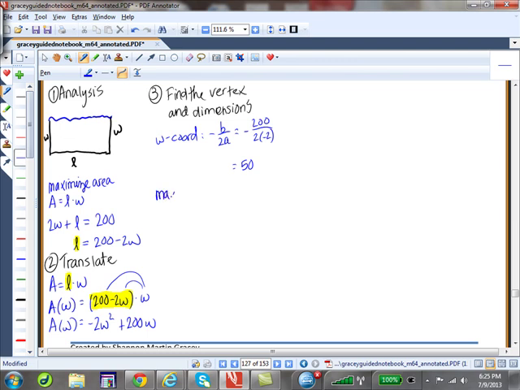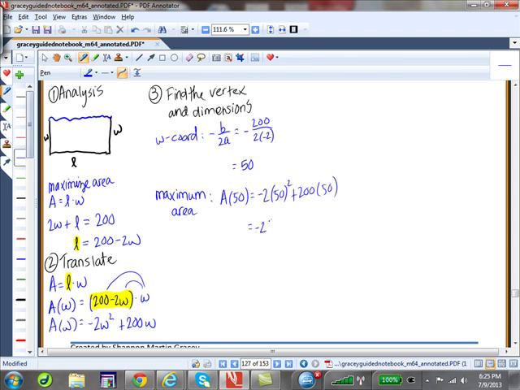And then the maximum, which would be the maximum area, I'll write that in, is going to be the area evaluated when the width is 50. So that will be negative 2 times 50 squared plus 200 times 50.